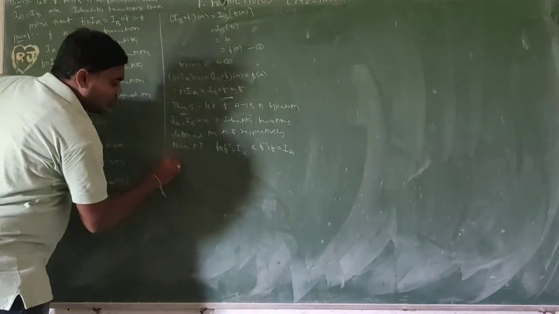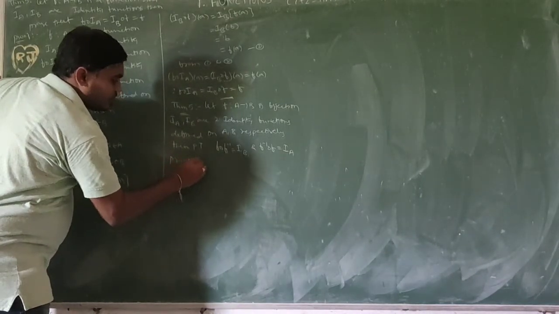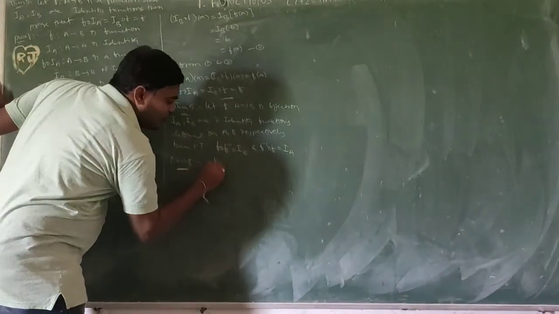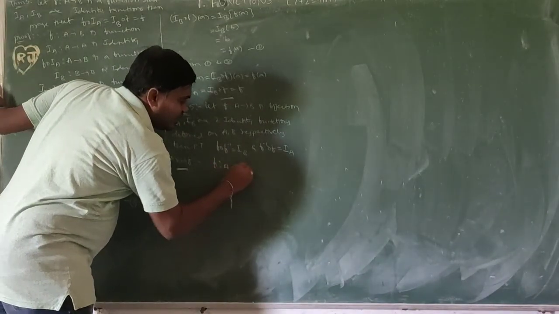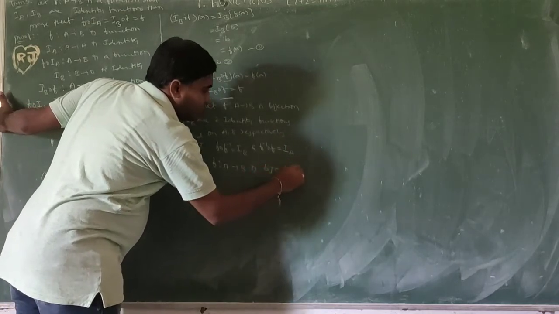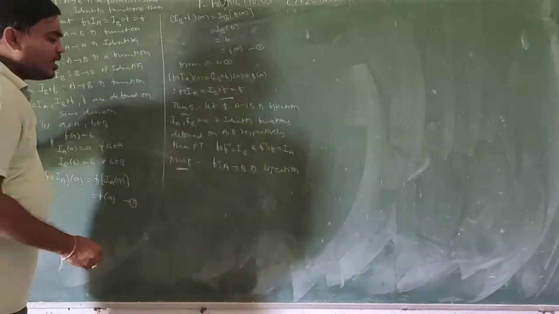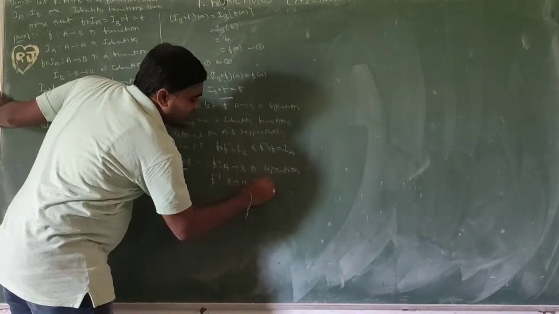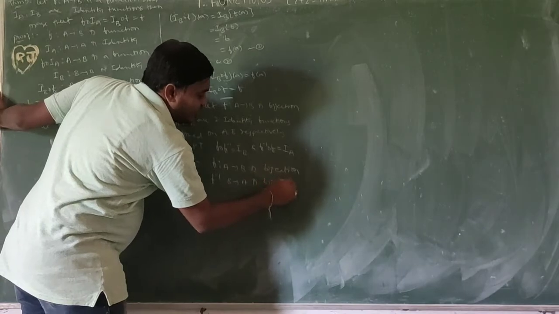Next, coming to the proof. First, F from A to B is a bijection. So F is a bijection, and F inverse from B to A is also a bijection.